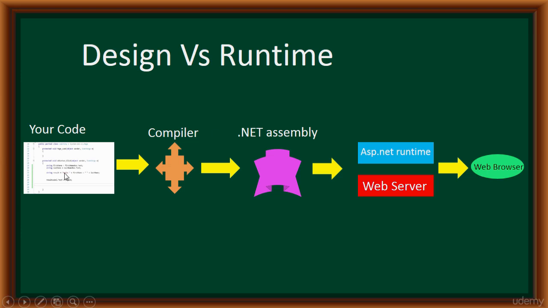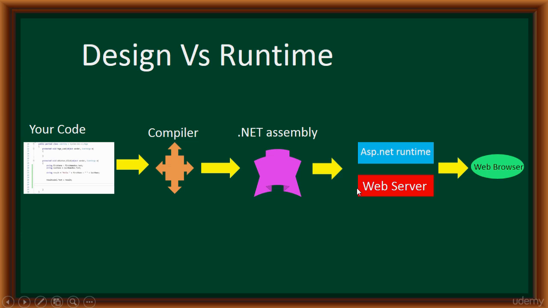So you start off with your code here. This is your code, and then the code is passed on to the compiler. This is the C# compiler. The compiler then compiles the code and passes it on to the .NET framework assembly. That then passes it on to the ASP.NET runtime, which then passes it on to the web server. There's a built-in web server in Visual Studio.